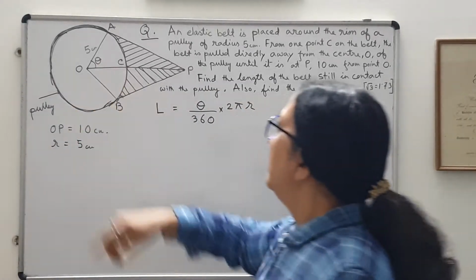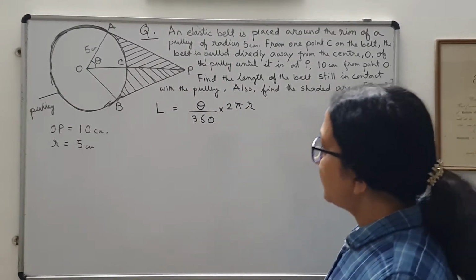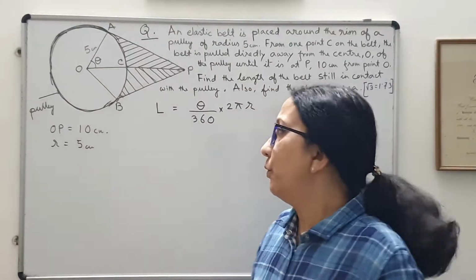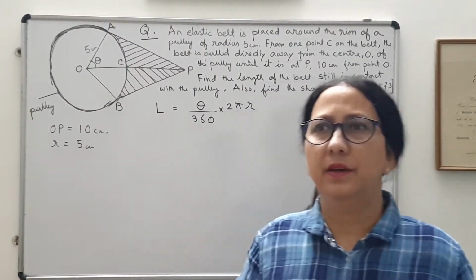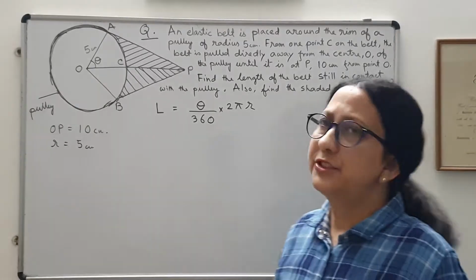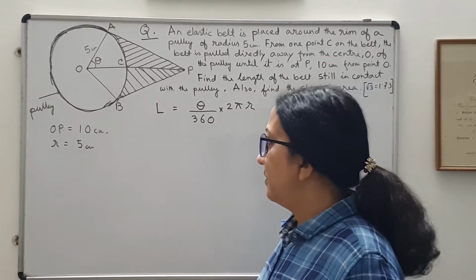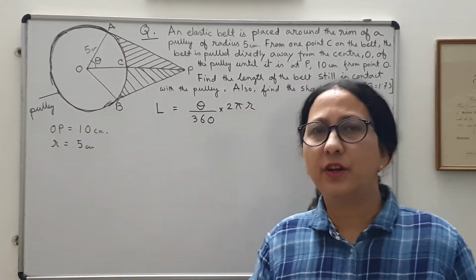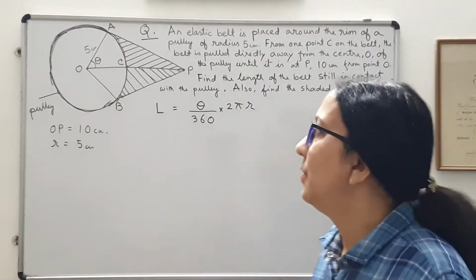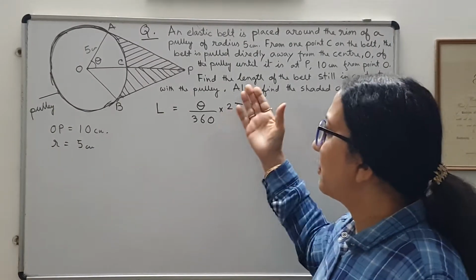So this is theta. For that, we have to make use of the knowledge from other chapters, that is from the circle chapter, as well as the trigonometry chapter also. Okay, so these are actually indirect questions.